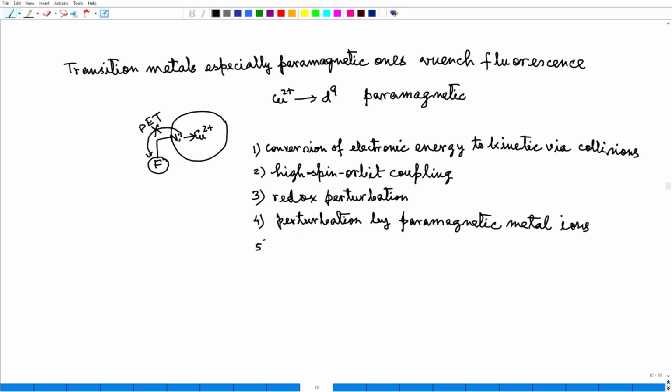And number 5, formation of charge transfer complexes. These things can be easily taken care of. And then number 6, electronic energy transfer.